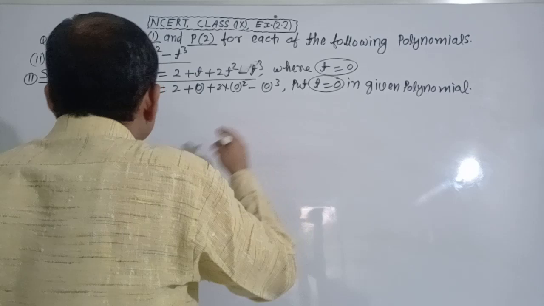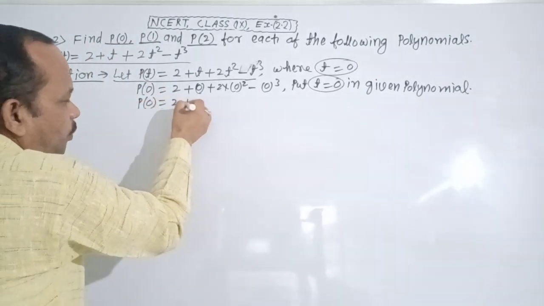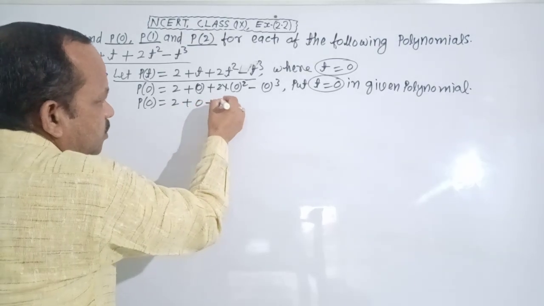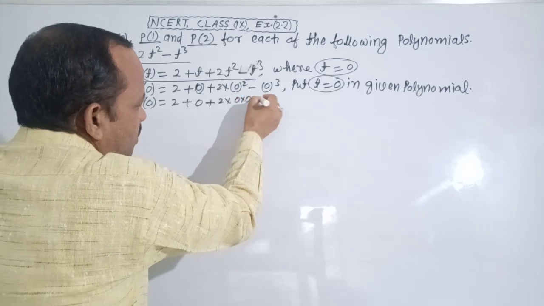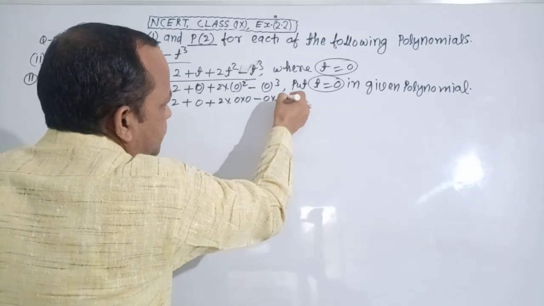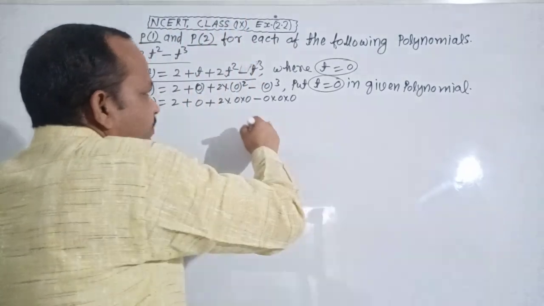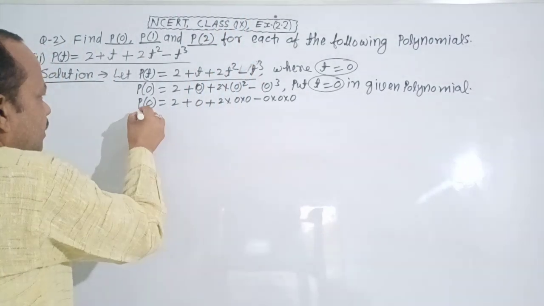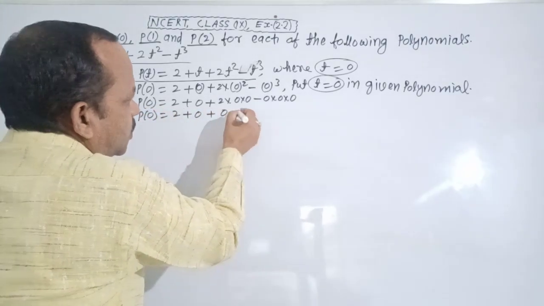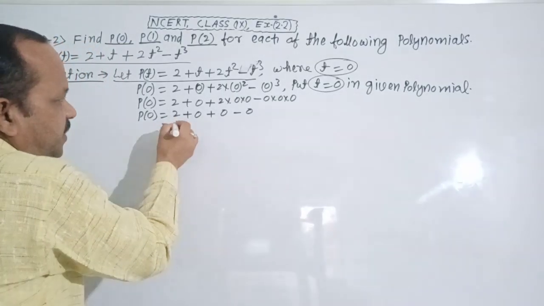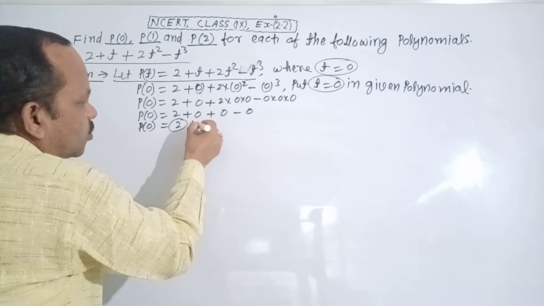Very good. 2 plus 0 plus 2 multiplied by 0 multiplied by 0 minus 0 multiplied by 0 multiplied by 0, three times. p(0) equal to 2 plus 0 plus 0 minus 0. It becomes 2. p(0) equal to 2. Your answer.